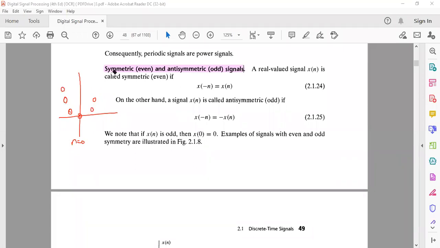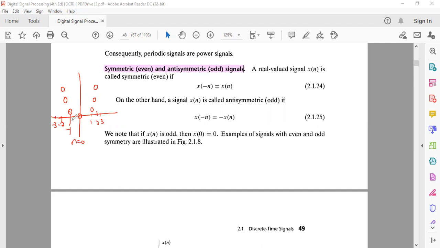You realize from here that the values, if this is -1, this is -2, the other is -3, you have 1, you have 2, you have 3.